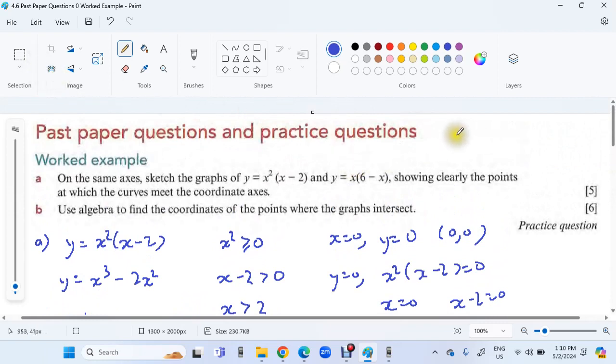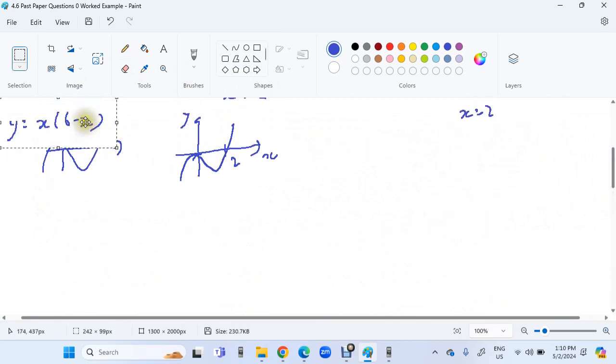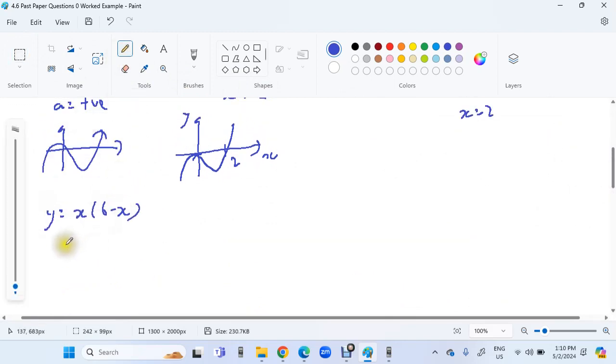And then we have y equals x times 6 minus x. For this one, we want to draw the quadratic equation. We have 6x minus x squared, so it's actually negative x squared plus 6x.